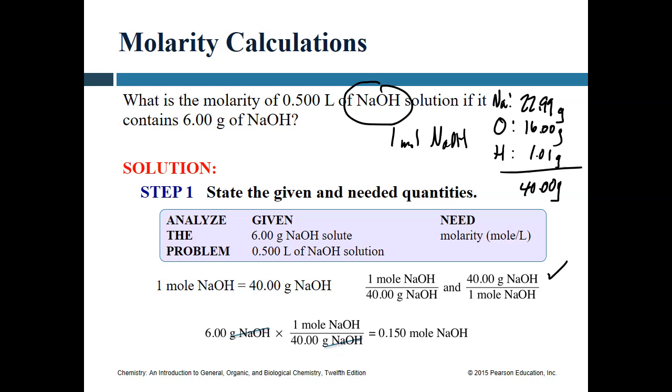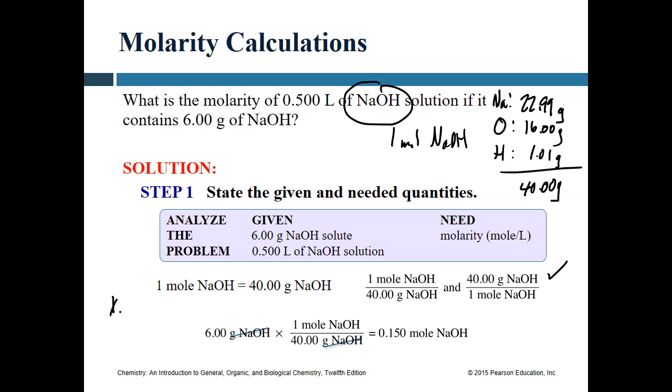And to solve these, again, there are 2 ways to do it. This is the dimensional analysis unit factor conversion that we looked at back in chapter 3. The other way that we looked at it was from a proportionality standpoint.